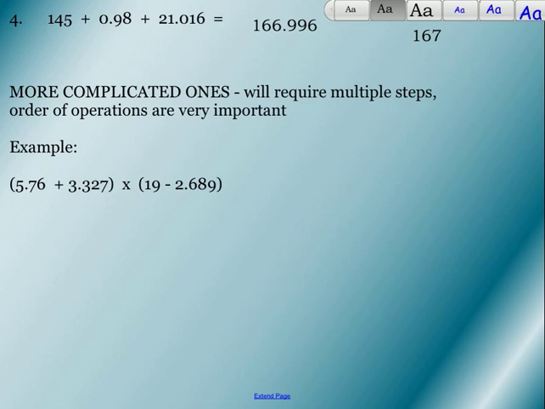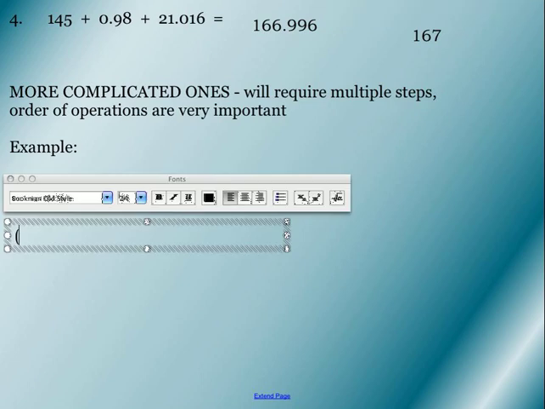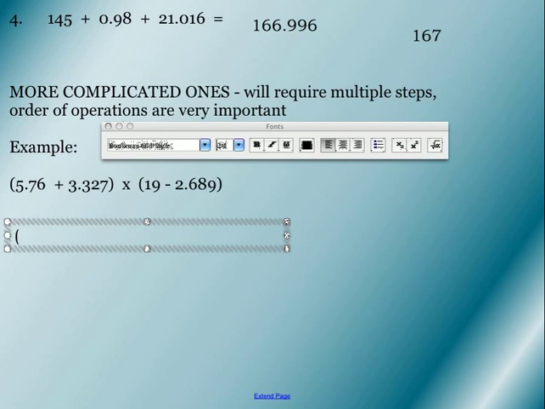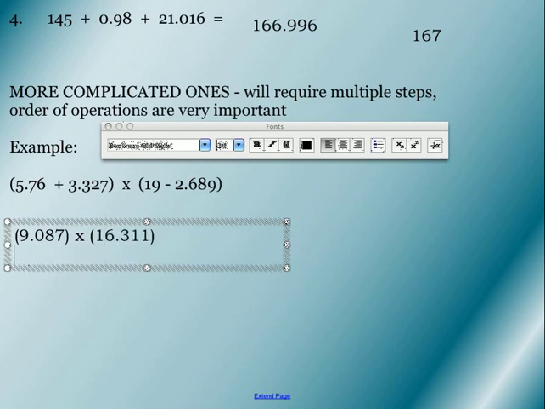Following order of operations, I do what's in my parentheses first: 5.76 plus 3.327, which gives 9.087, times 19 minus 2.689, which gives 16.311.